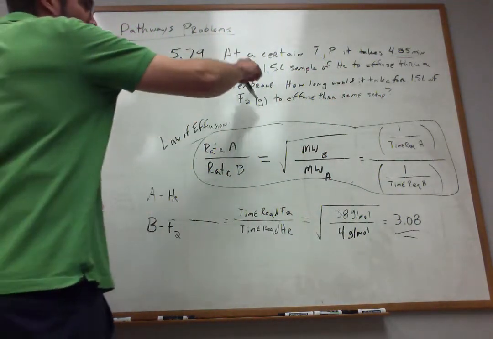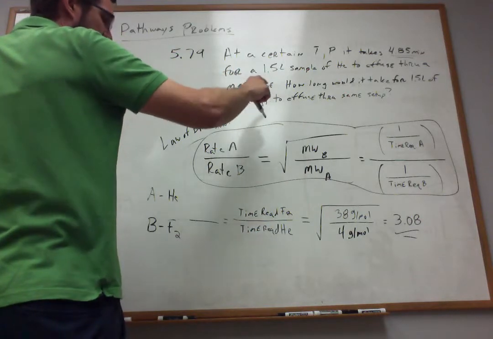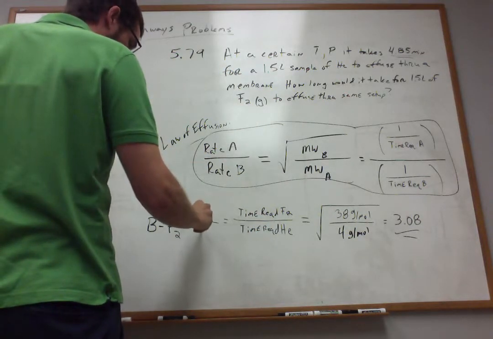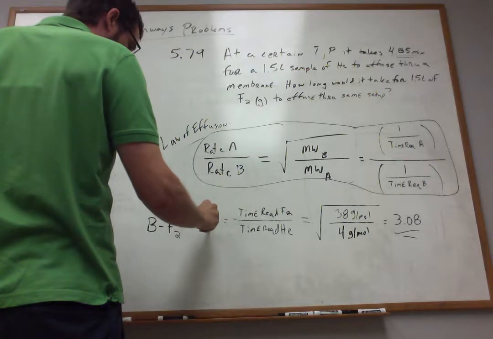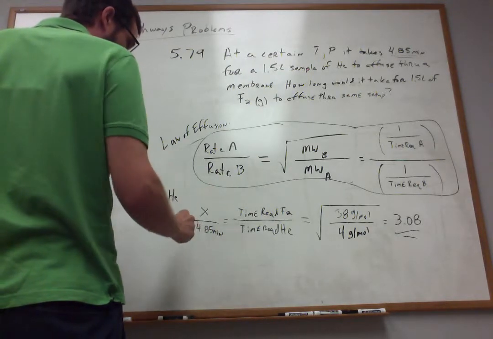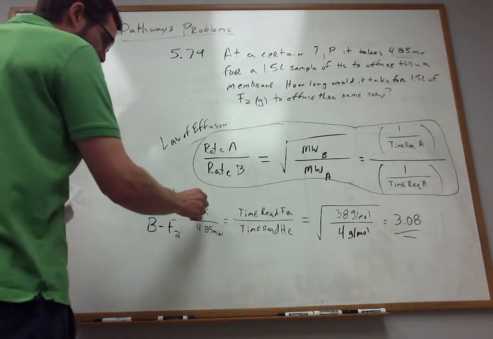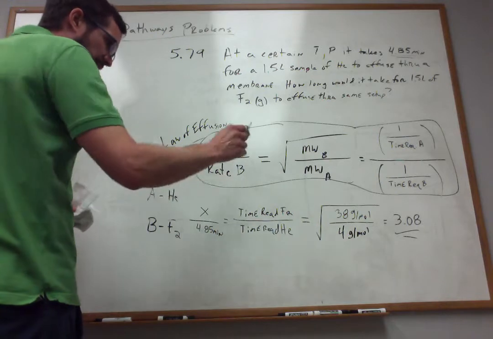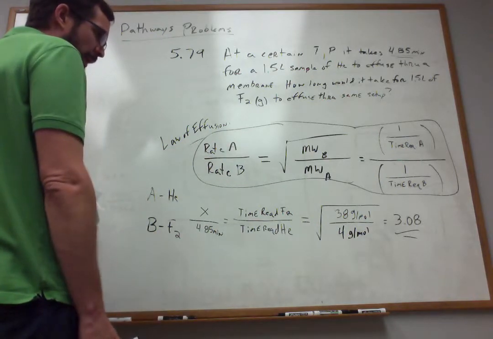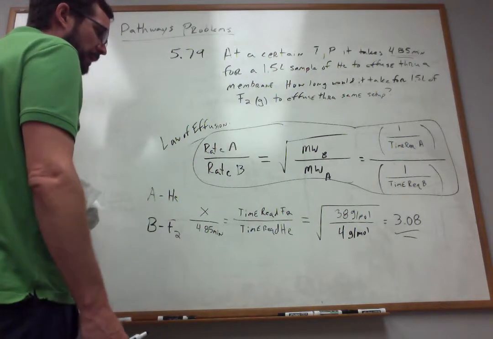Well, it looks like in the problem it told me that for the helium I required 4.85 minutes. But I don't know how long it takes for the fluorine to effuse. But I know that ratio, x divided by 4.85, has to equal 3.08 by Graham's law of effusion.